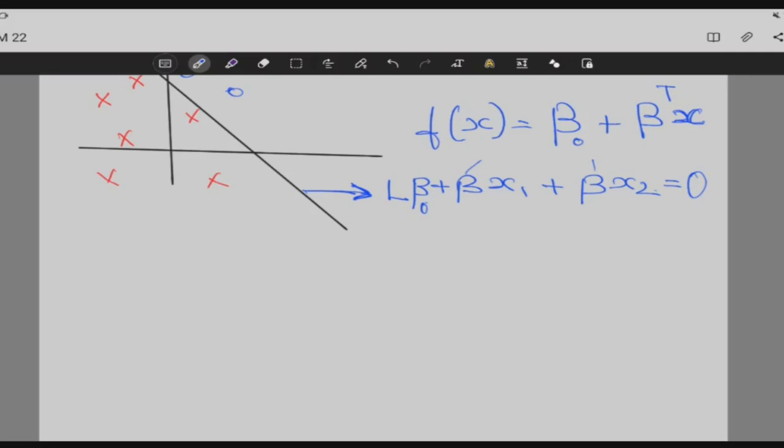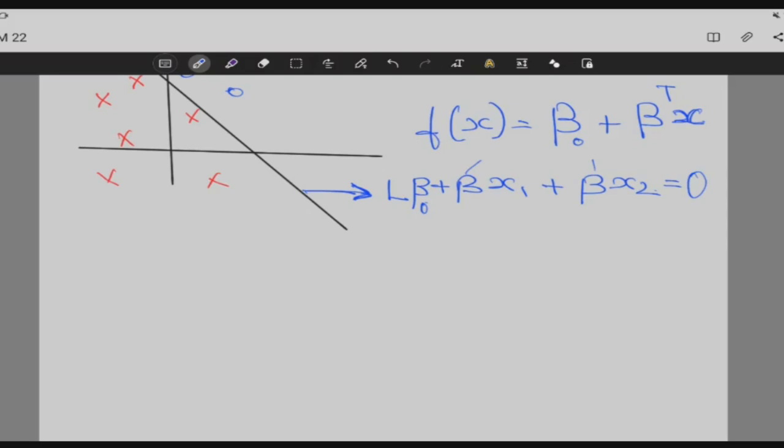So this defines this plane. And if I choose two points, x1 and x2, that belong to the line, then what will happen for all the values on the line? The equation is going to be 0, right?